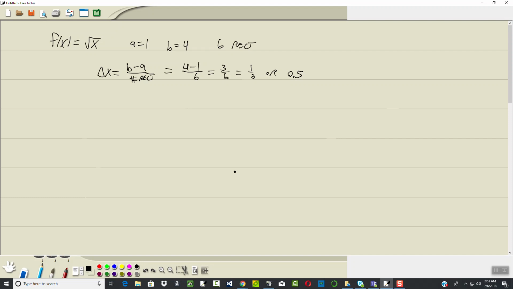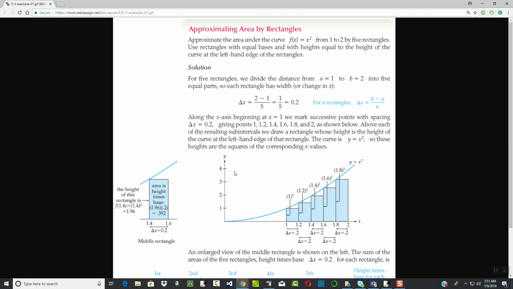So now, it says along the x-axis beginning at x equals 0, we mark successive points with spacing given by delta x. They tell us delta x is 0.2. So it went from 1 to 1.2 to 1.4. It keeps adding 0.2 over and over.